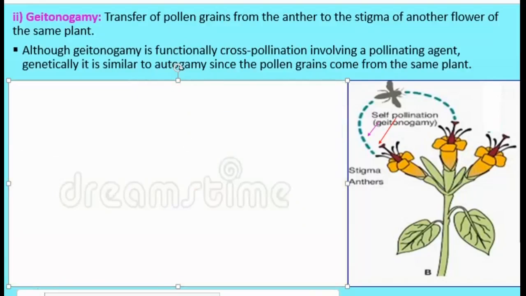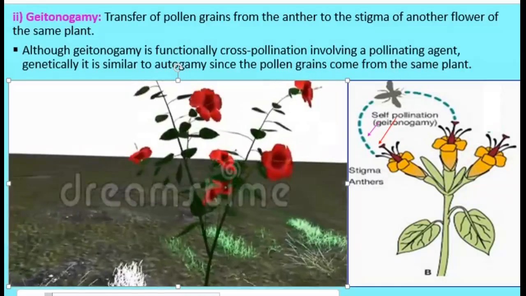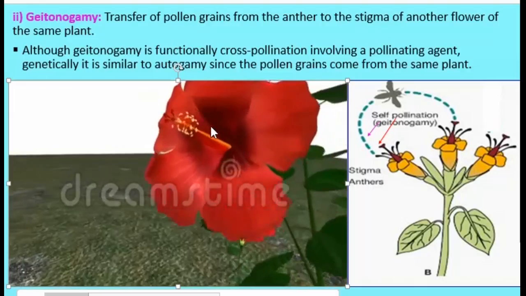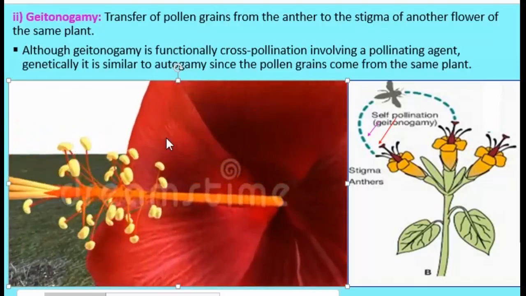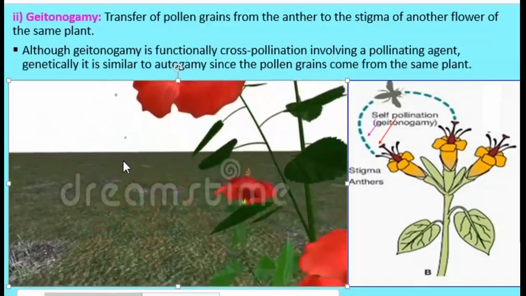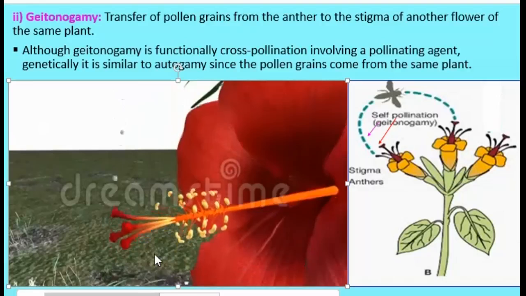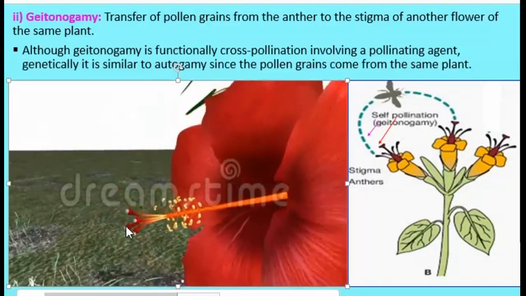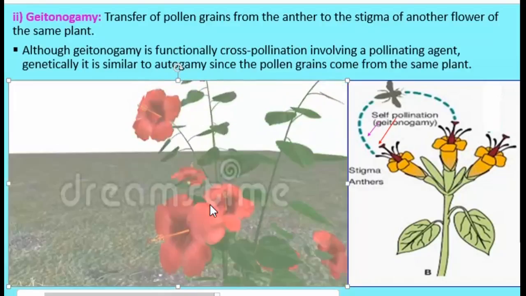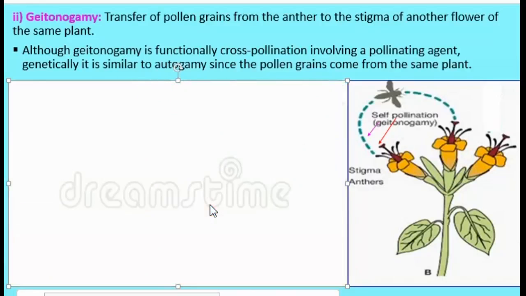Let us watch it again. Look at this, this is one flower and these are the anthers here. The pollen grains are released, and they are transferred to the stigma of another flower, but this flower is present on the same plant. I hope this point is very clear to you all.